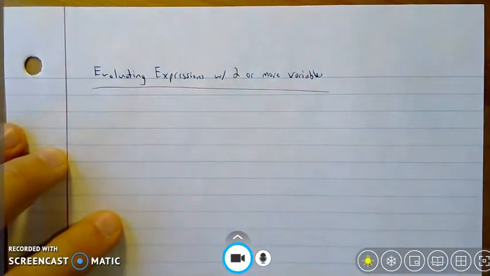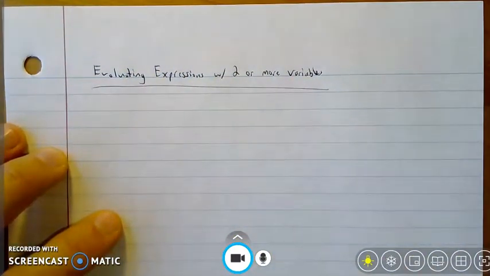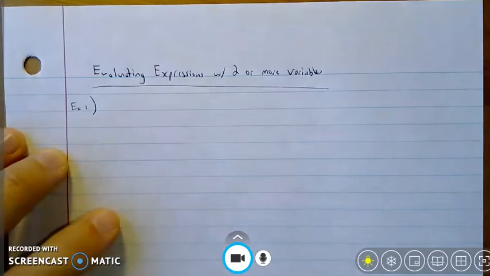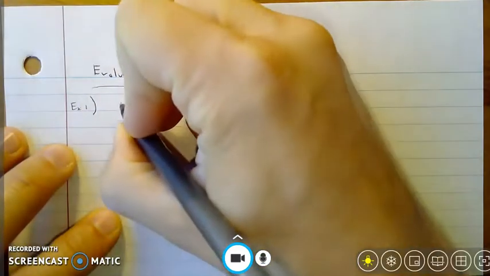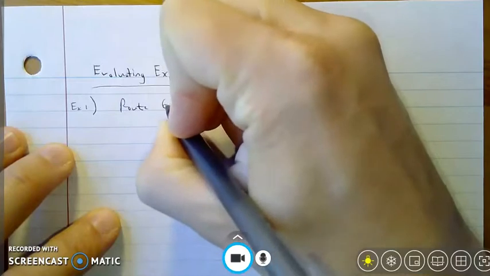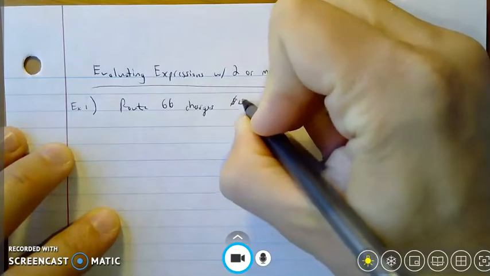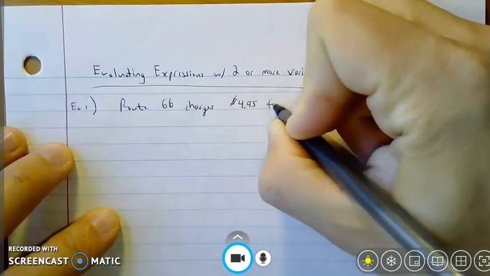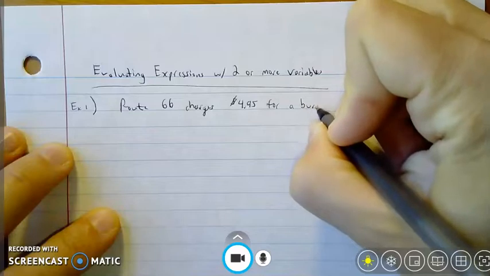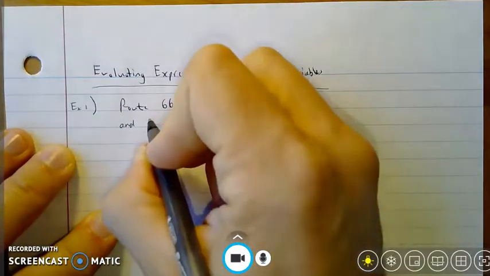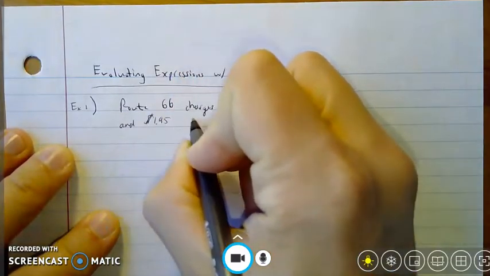All right, so we're going to start off with one that I think you've seen before, potentially, but the classic food example. So, example one, we're going to start big with some Route 66. So Route 66 charges $4.95 for a burger and $1.95 for fries.